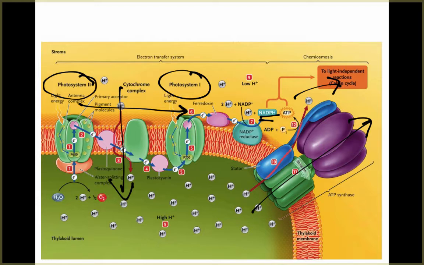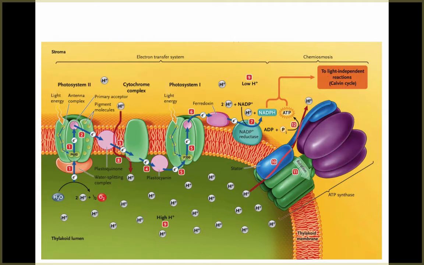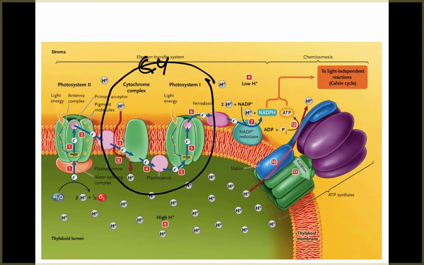If you just need ATP, what happens then, I'll show it to you on here, this is cyclic. And so it comes through here, and instead of going on here, it doesn't do that, it goes back, just so that you can get more hydrogens pumping across, so you can make just ATP.